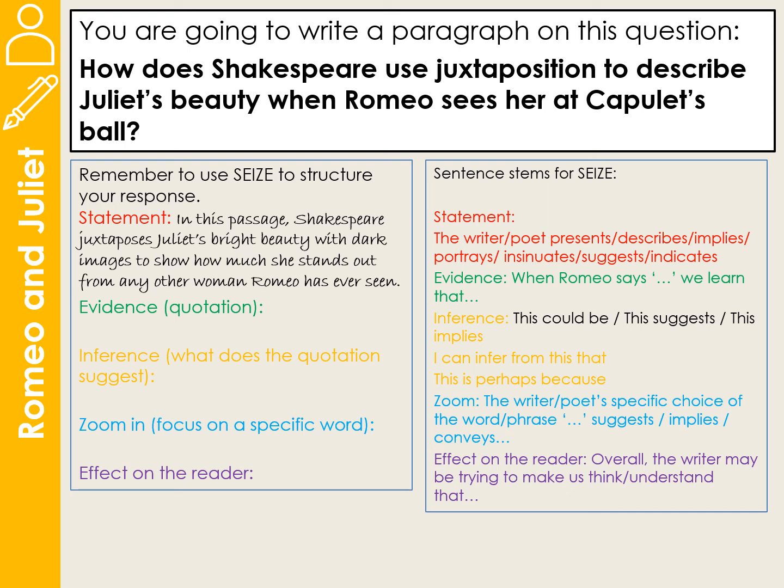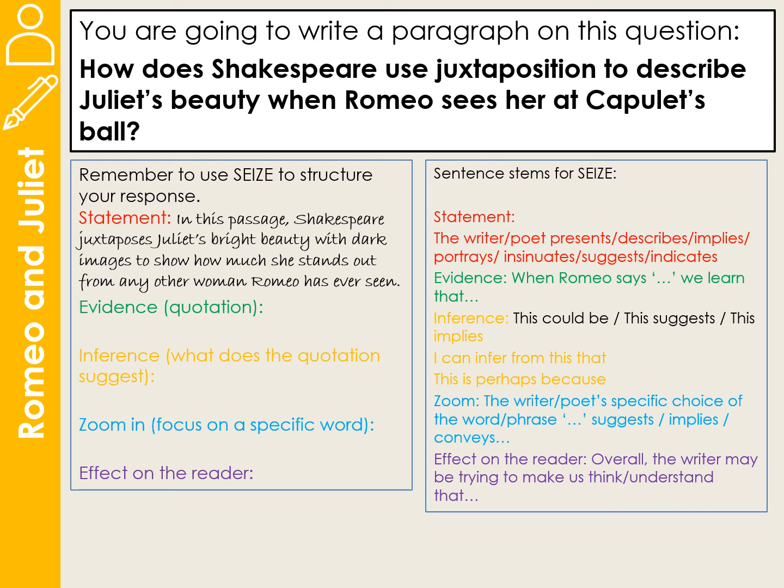How does Shakespeare use juxtaposition to describe Juliet's beauty when Romeo sees her at Capulet's Ball? So just a brief reminder of what the C's structure is and how we put our paragraphs together.